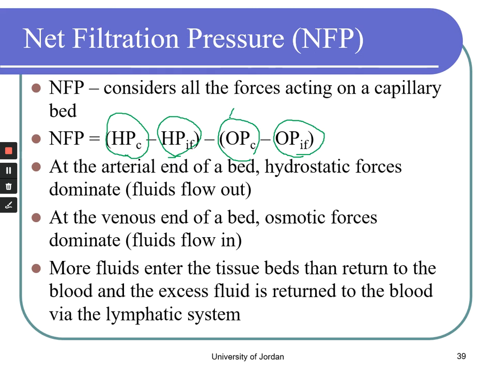Sometimes the oncotic pressure is referred to as pi, so here is pi C, and here is pi IF, and here is PC minus PIF. So this is the same equation. This is called the Starling equation.